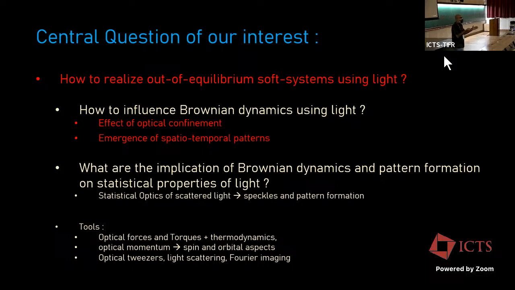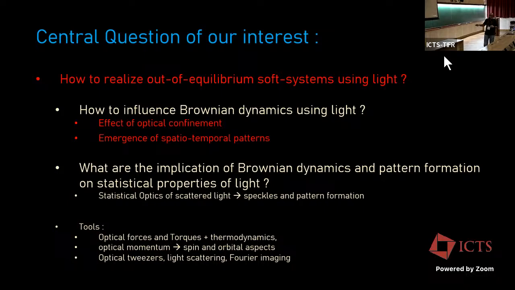You would be able to measure momentum with reasonably high accuracy and therefore extract the forces of interaction between light and soft matter. This is a very interesting topic, but that probably would take another lecture altogether. So I'm going to just give you a very brief highlight maybe towards the end.